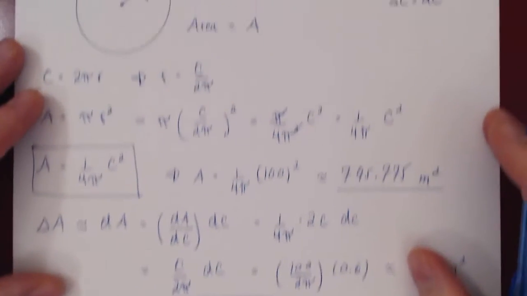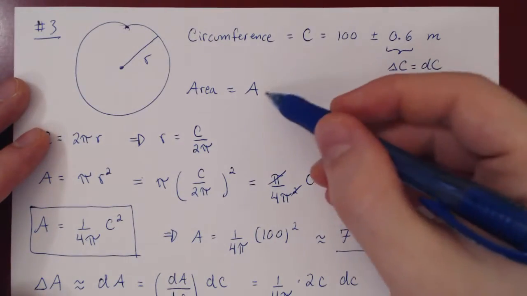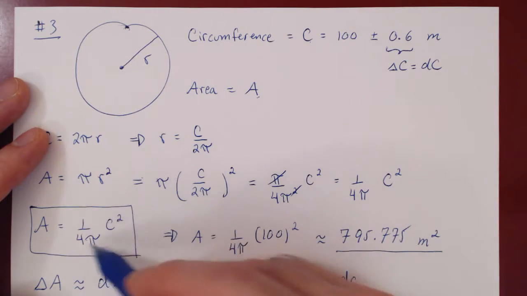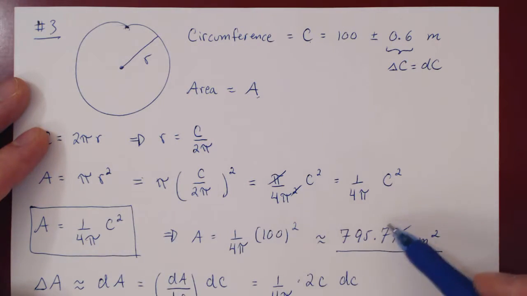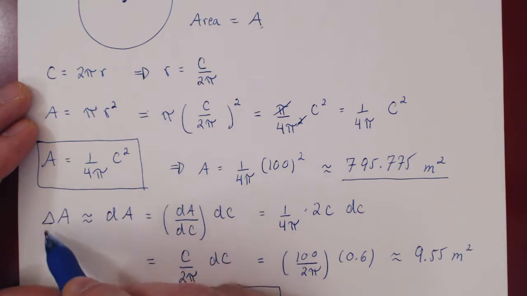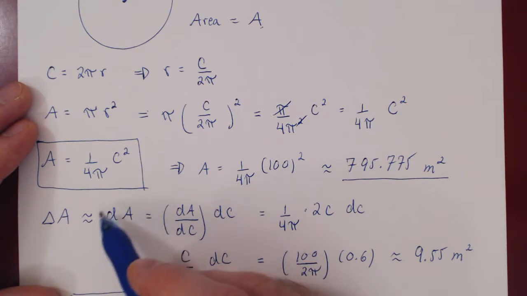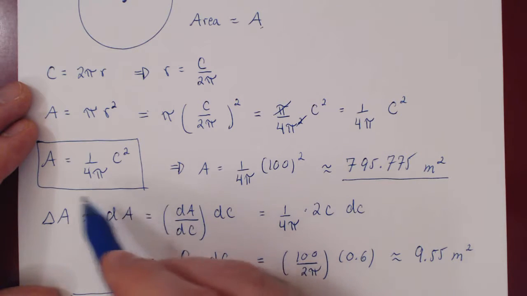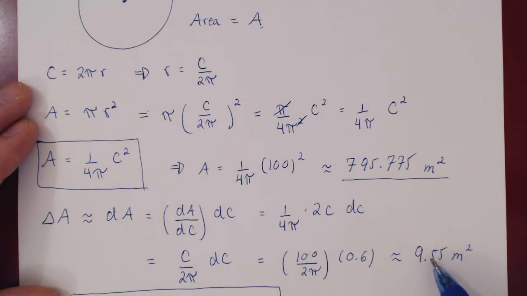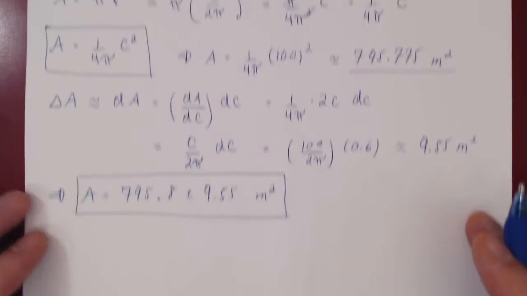Once again, all we did is we expressed the new variable as a function of the old one. We found the value of the area, and then to find the uncertainty, the change in the variable, we estimated the uncertainty with the differential, the change in the tangent line to the area, and we got an estimate on the uncertainty of roughly 9.55 meters squared.